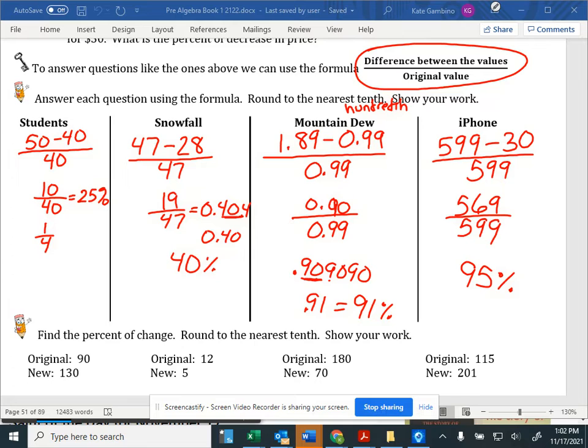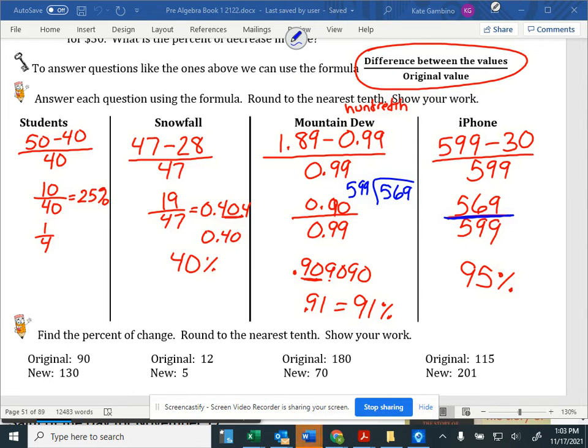Maddie. I'm confused on how you go about getting the 95% on it. So 569 divided by 599. I just want to know the equation. That's what this bar means, remember?